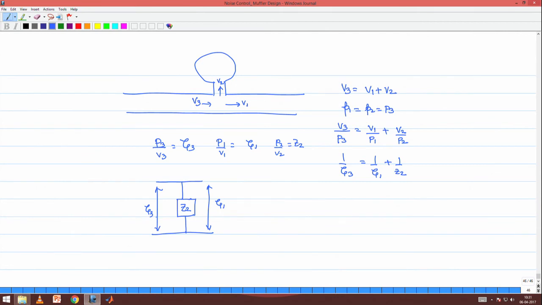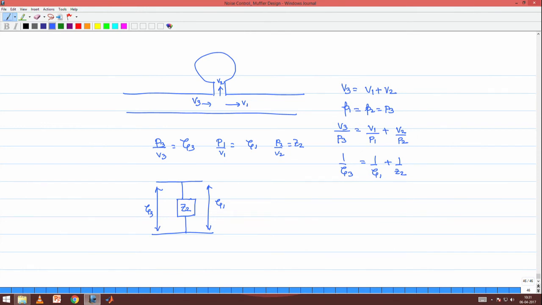You have one impedance Z2 which is in parallel, and this impedance is zeta 3 and this impedance is zeta 1. So, zeta 3 impedance can be recovered from zeta 1 impedance and from Z2 by simply appealing to the impedance of two parallel circuits, right.